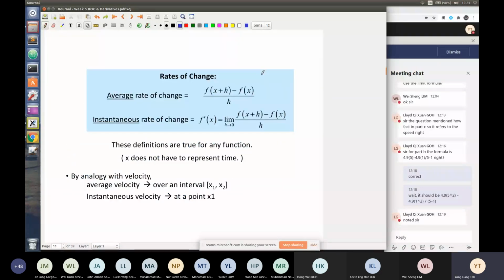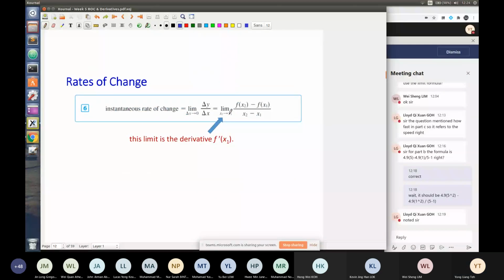For instantaneous, you just take the limit as h goes to 0, and you get that tangent line. As I mentioned before, this is the definition of f prime.